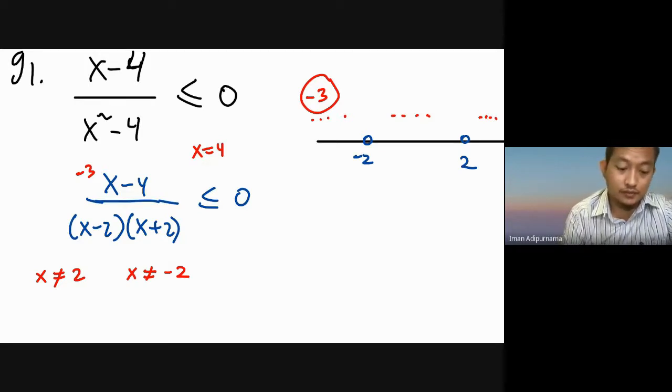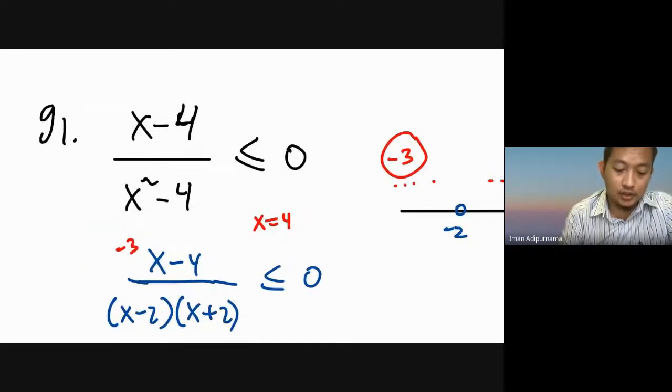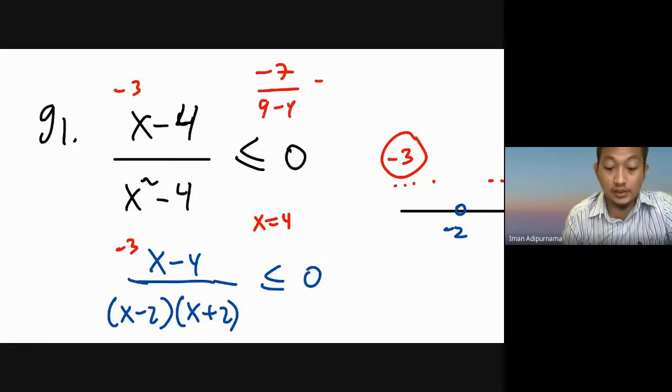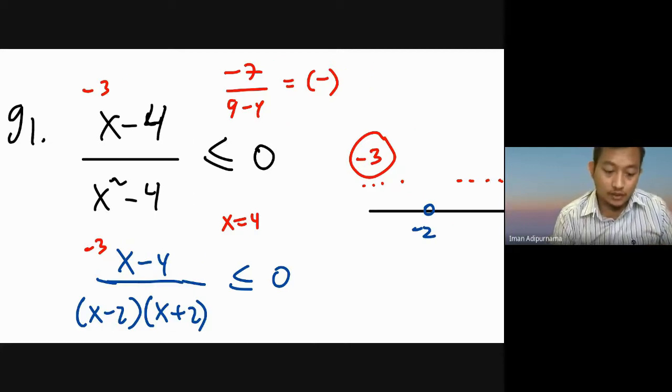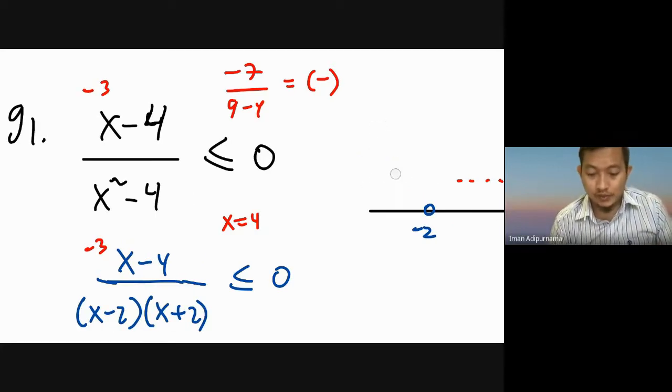Try this one, -7, -3, 9. So it's still negative, right? And we don't even need to calculate the whole numbers. We just need to see how the signs will be. So we will have negative here.